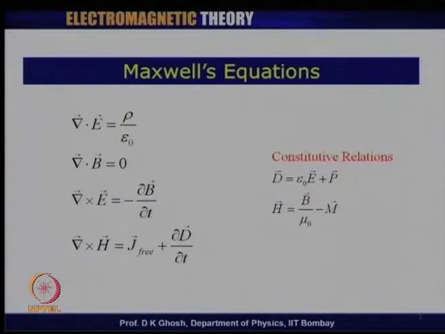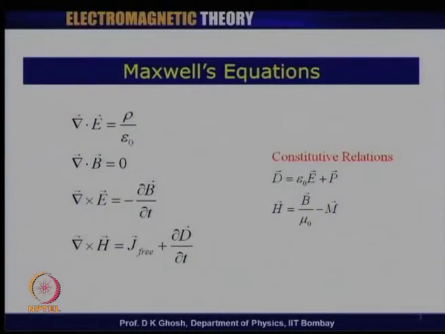So, last time we had completed deriving all the 4 Maxwell's equations. Del dot of E was rho by epsilon 0, alternatively del dot of D is equal to rho free. Del dot B equal to 0 is always true, because there are no magnetic monopoles. Faraday's law tells us that del cross of E is minus dB by dt, and del cross of H, the Ampere-Maxwell law, gives me the free current plus dD by dt.